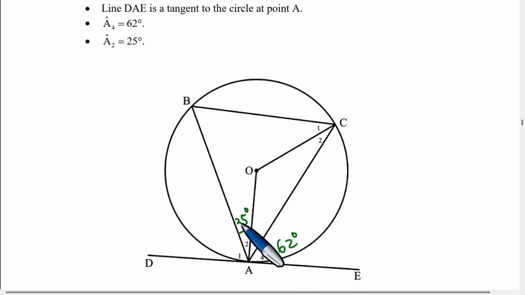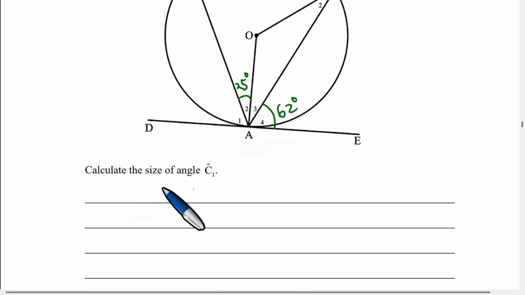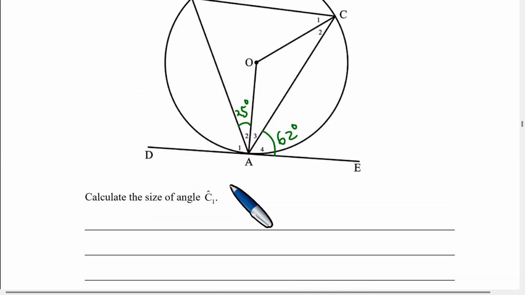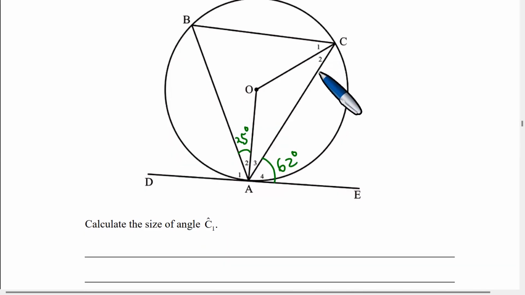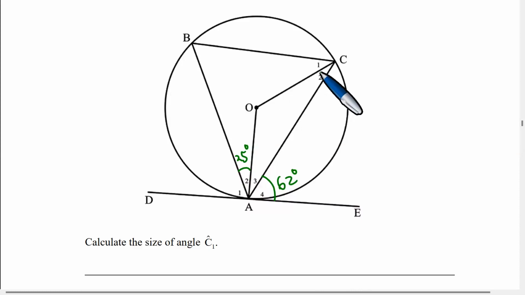And now what does the examiner want? Calculate the size of the angle C1. They just want the size of the angle C1. First things first, you need to look at this question and realize that angle ABC is 62 degrees because of the tan chord theorem.